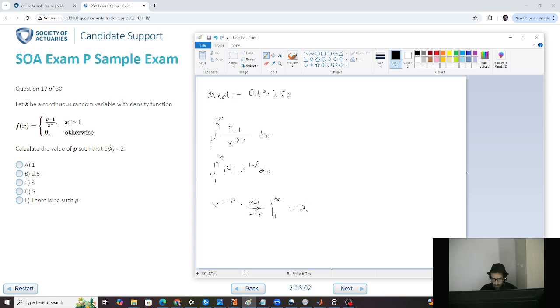Notice that when you plug in, hold on. For this value not to just go infinite, p must be at least 2.